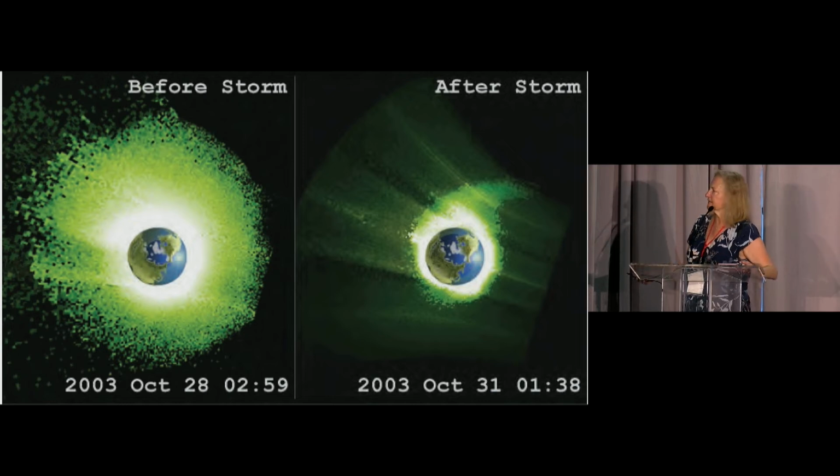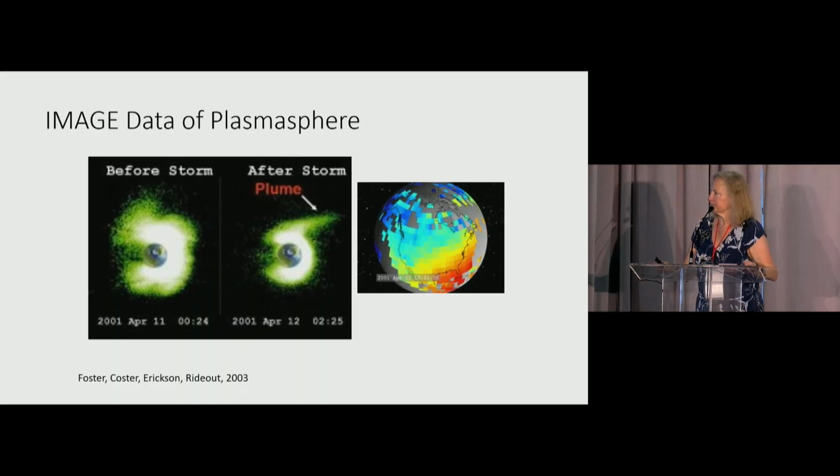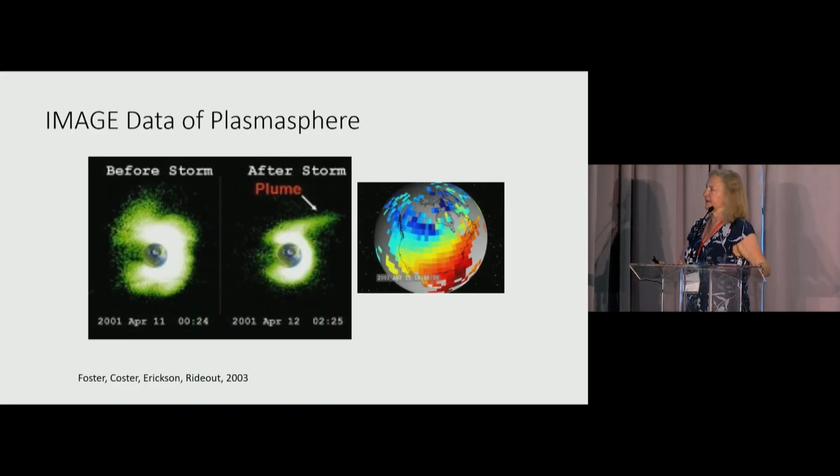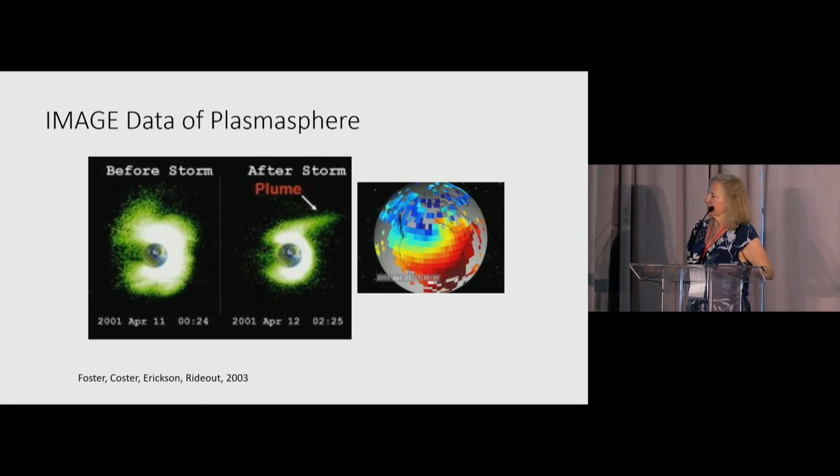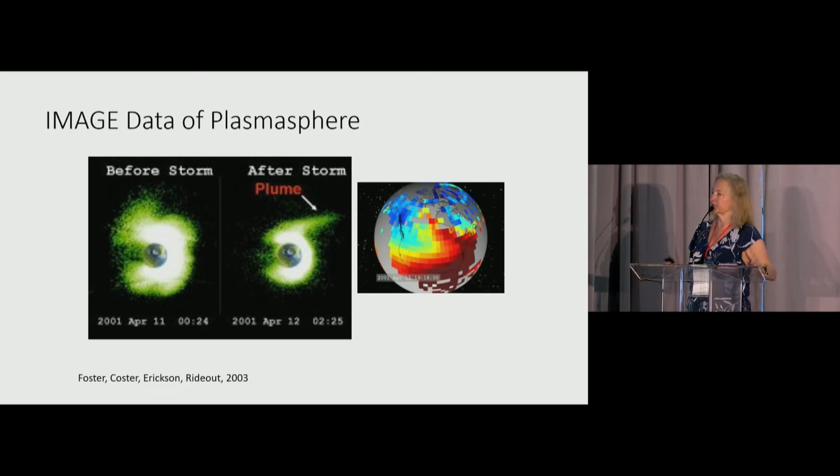These two are connected. And sure enough, and I don't actually have the mapping here, but this is from another storm, it turns out there's a one-to-one mapping between this tail and the storm-enhanced density plume. So we made the first MI connection at that time.